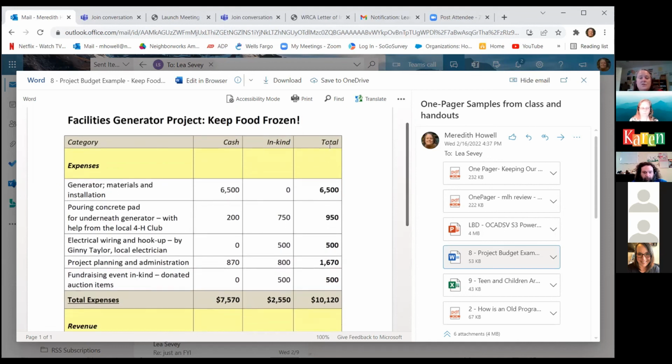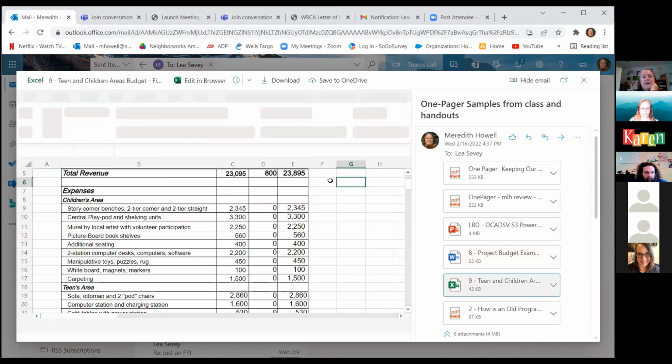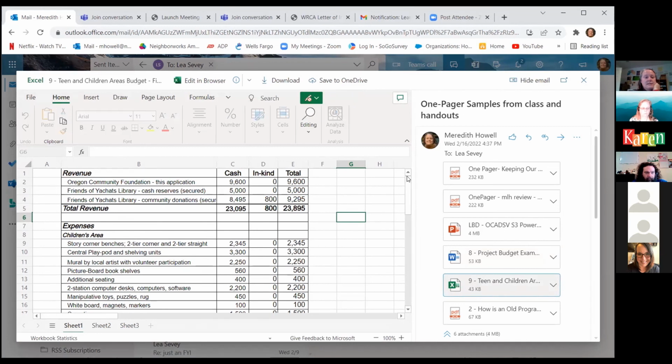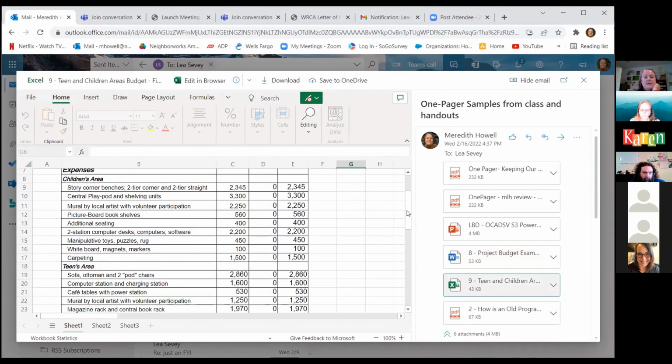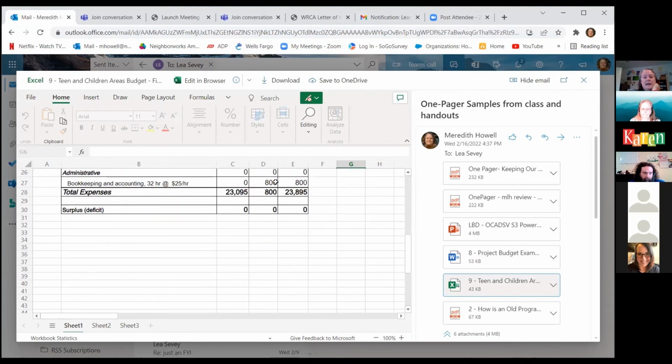So what I'm going to ask you to do is use this template, or you can use the Excel one. If you know how to use Excel, then I would suggest the Excel budget, and it's the same type of thing. In this case, I put revenue on top. It doesn't matter if it's on top or on the bottom. Let's check our in-kind: 800 here, 800 there, that's good.